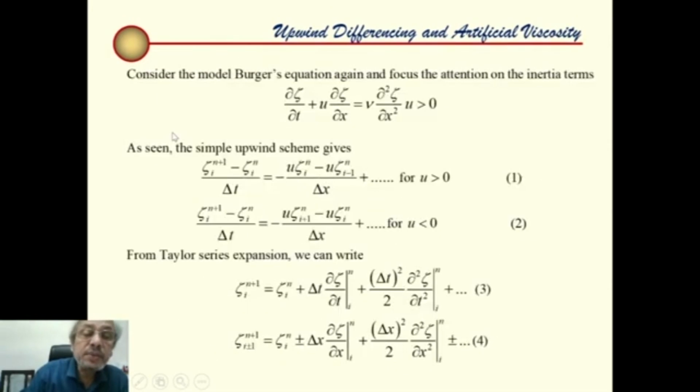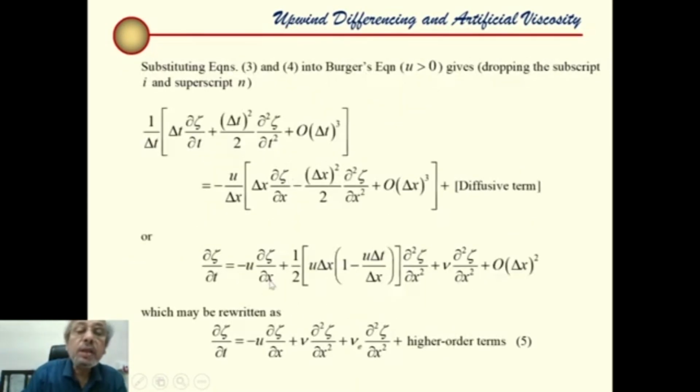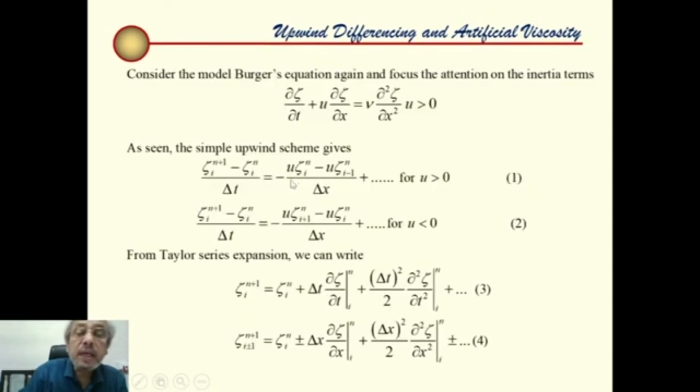So 1 by Δt times the expression within the bracket, ζ_i at n+1 minus ζ_i at n, will give the entire truncated series. Similarly, 1 by Δx, then ζ_i minus ζ_{i-1} or ζ_i minus ζ_{i+1}, depending on the upwinding.